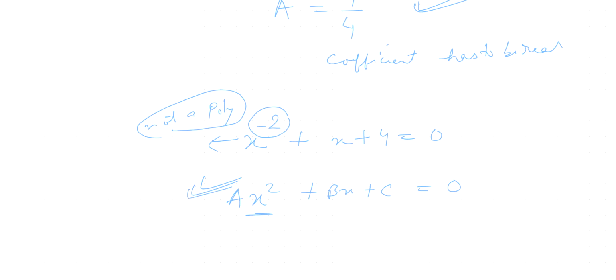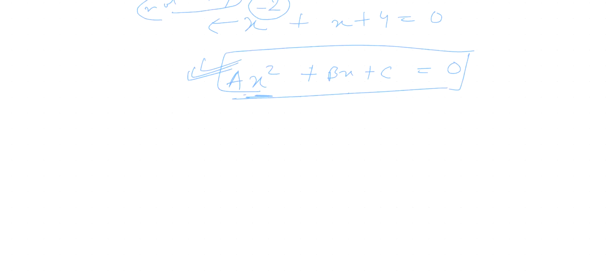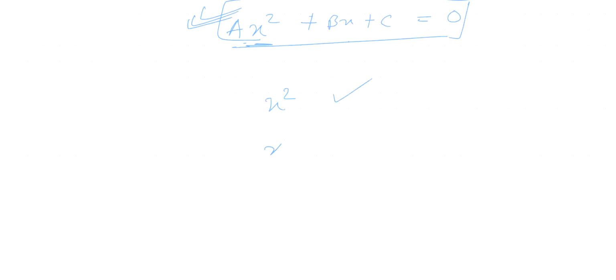All right. So there are some more ideas that we can discuss, but whenever you get a confusion, always stick to this basic standard form where a, b, c can be real numbers, and it always needs to have an x square at least. So for instance, if I just tell you x square, this also works. Or if I tell you x square plus 2, do you think this works?